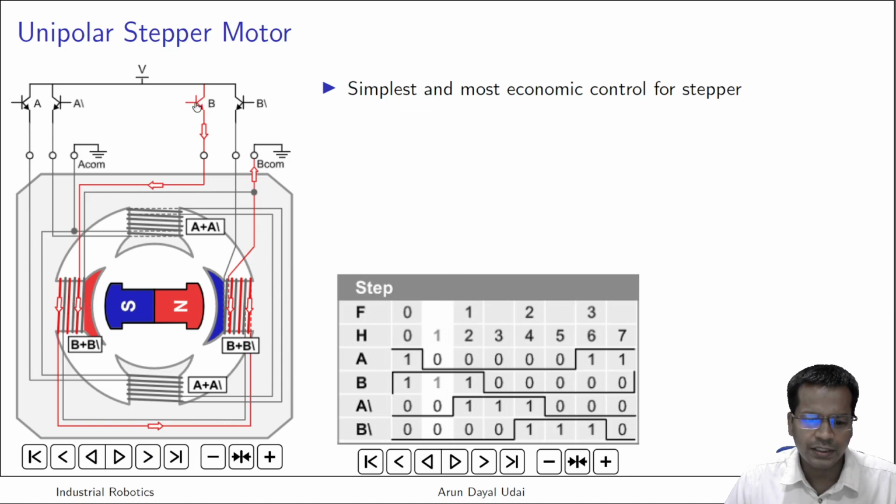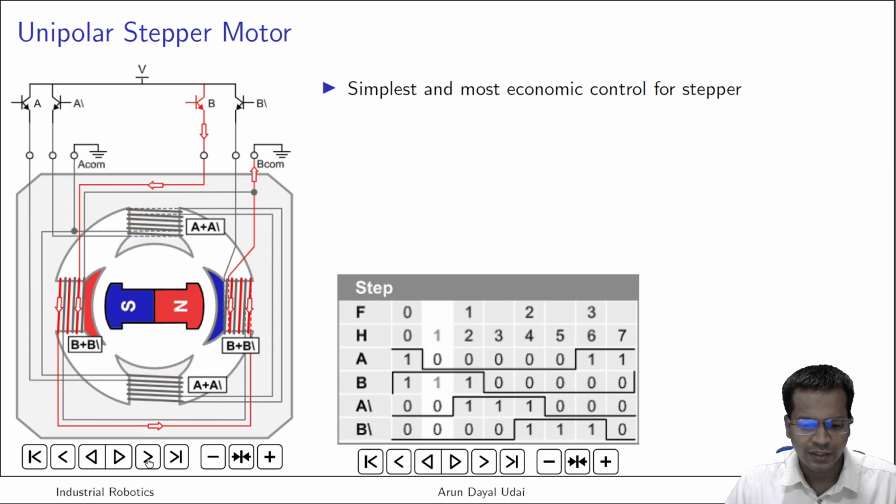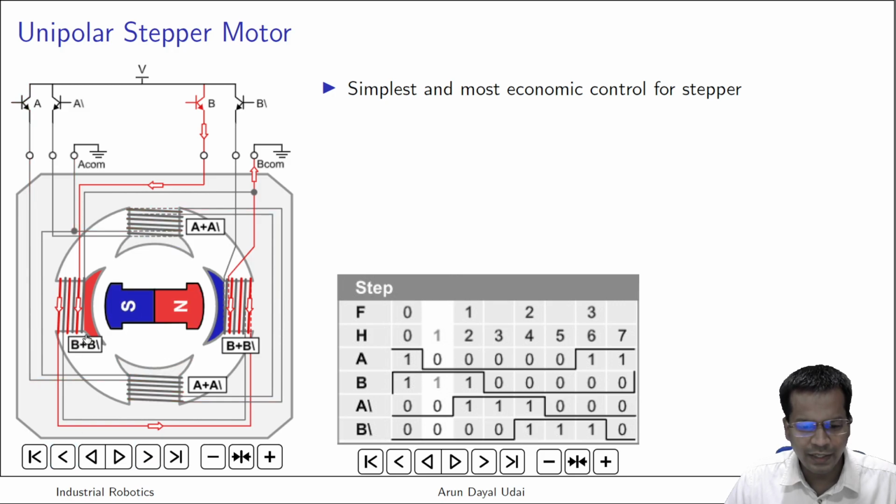Only this transistor is on, that makes this one a north pole and this a south pole. The armature has gone from this position to this position. Is it clear? So it was at this location, now it is at this location. I have just switched off A and left B as it is. The armature turns 45 degrees.